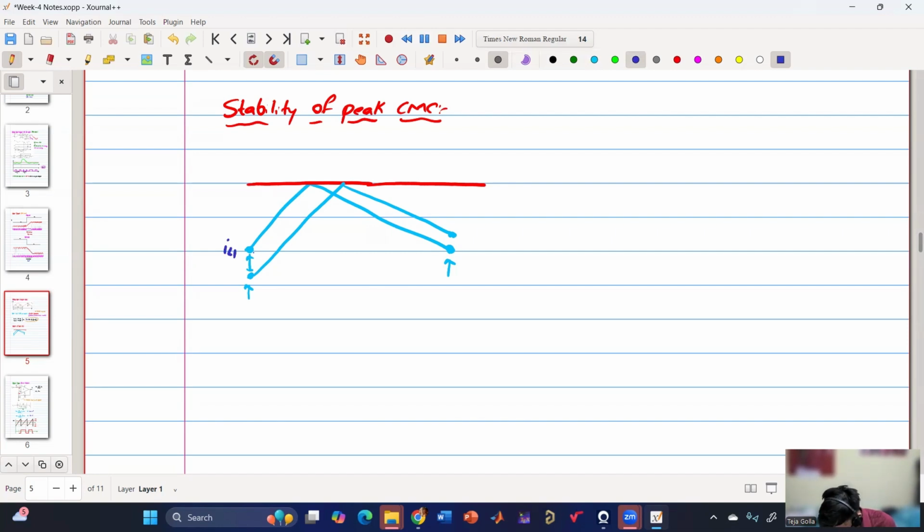Now it has decreased, right? So now it has become IL1 minus IL1 tilde. Now we have to calculate this point. Basically, if a system is stable, the perturbation that we have given over here should decay over a period of time.